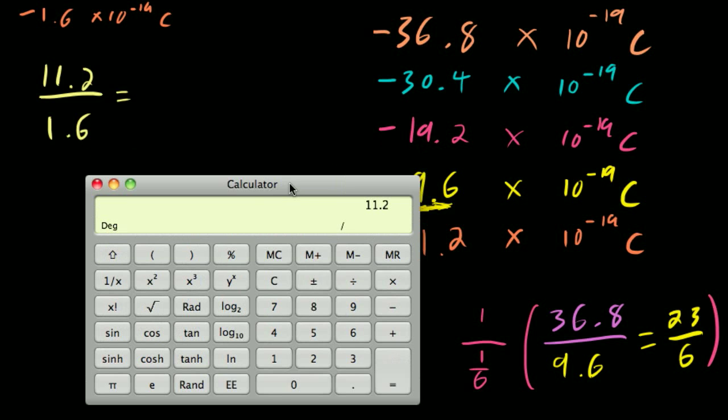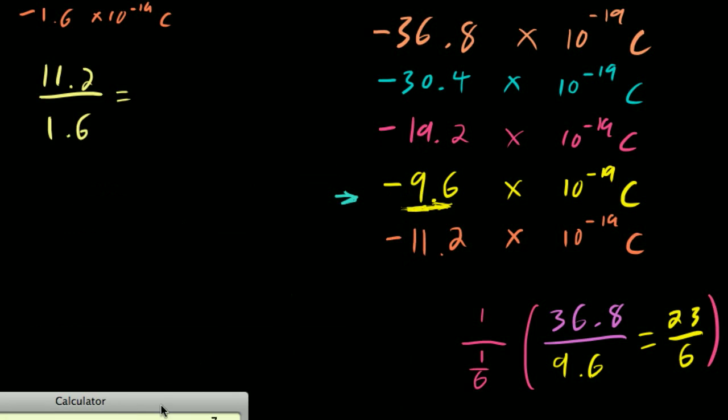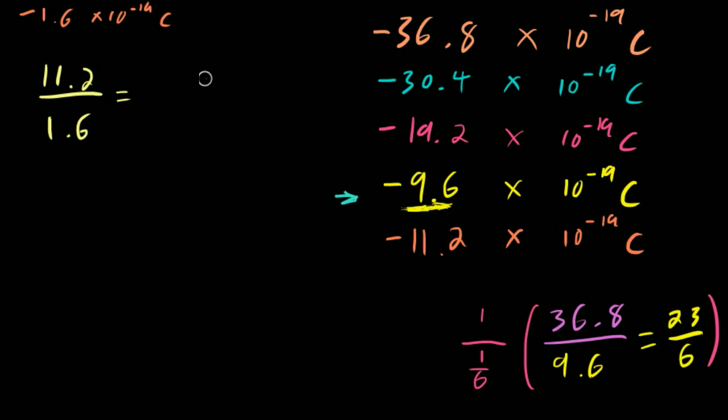11.2 divided by 1.6. And there we get a whole number. We get 7. Now let's take the ratio of our first guess, because now we see that this drop isn't going to have just one electron in it. You can probably already predict what this is going to be, because we found this new guess by dividing this by 6.